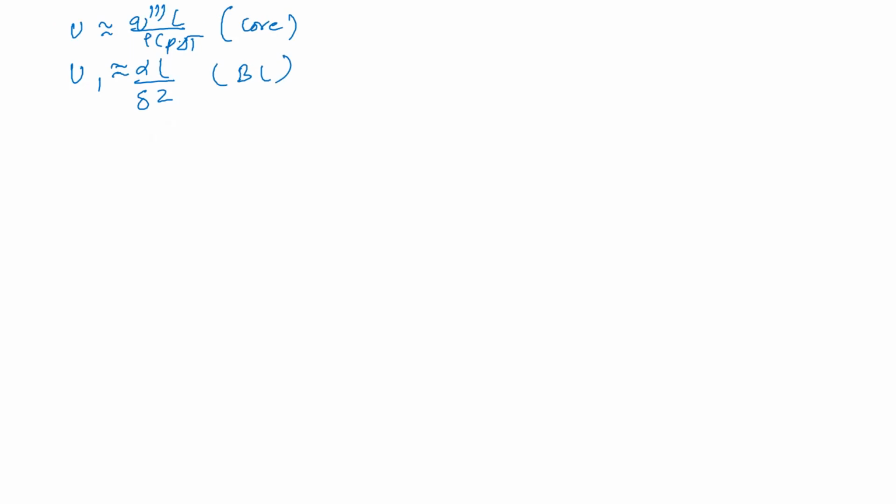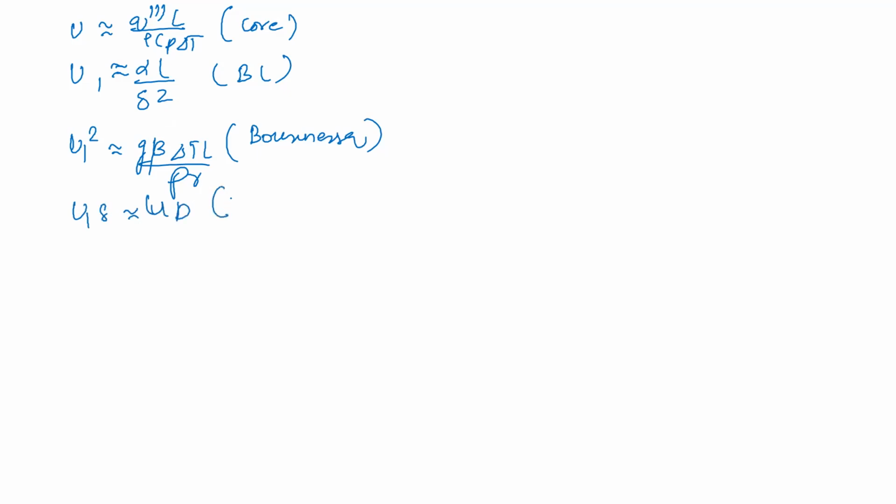Then we have U1 square scales with g beta delta T L by Pr, using Boussinesq. Then comes U1 delta is scaling with U d, conservation of flow rate.